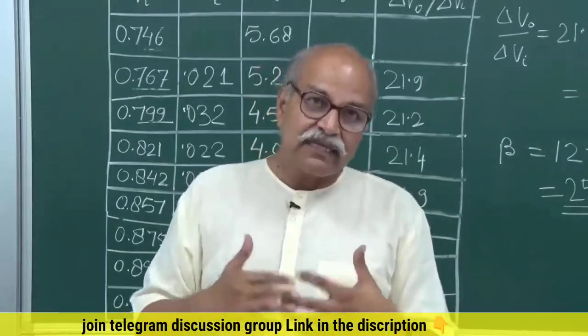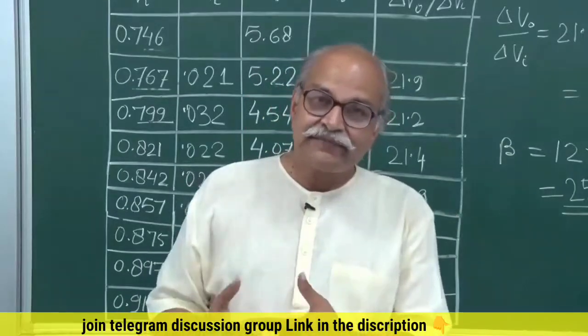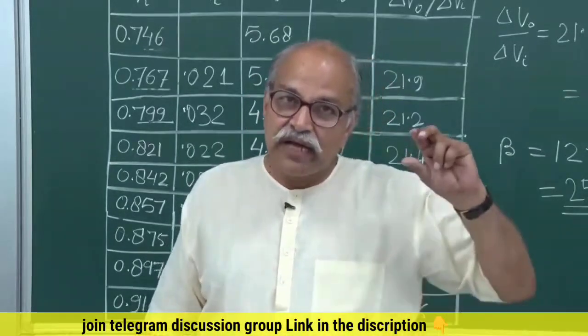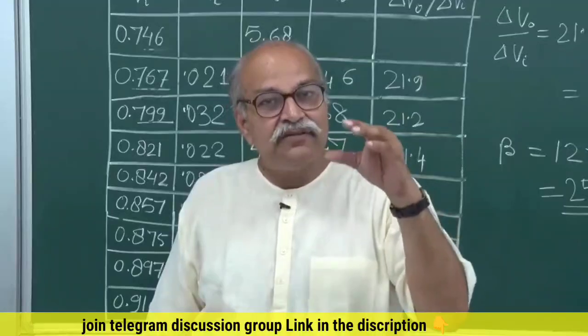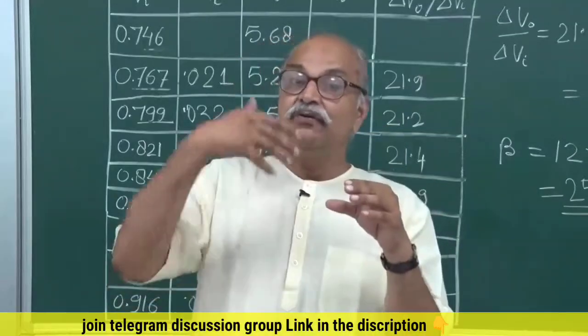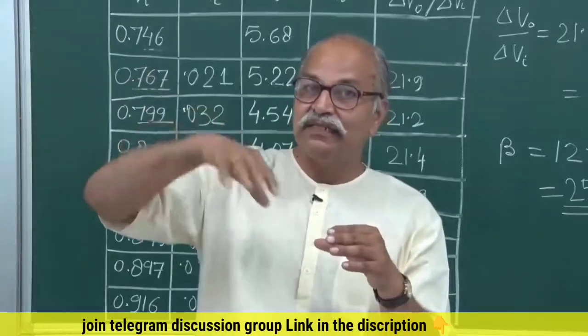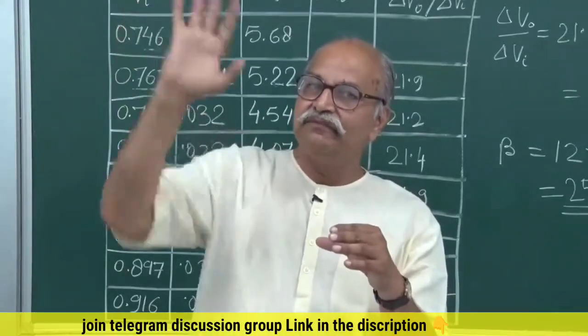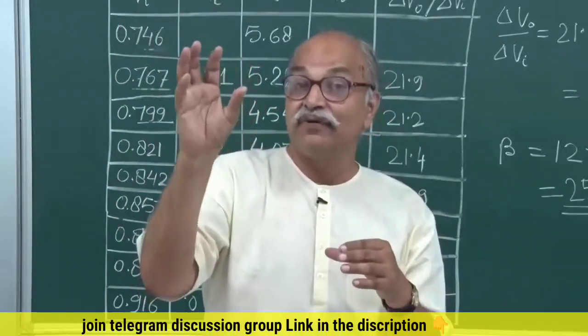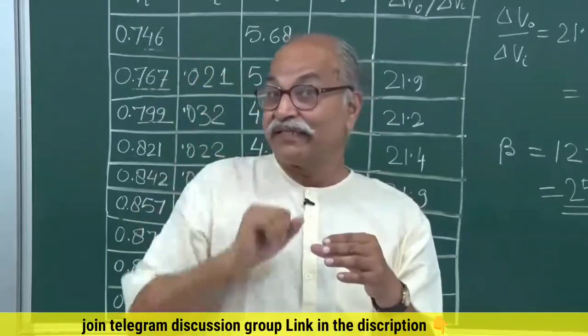You have already seen the cutoff region and the saturation region. So if somehow I decrease my VBB, the biasing voltage that I am applying on the input side, the transistor will go into the cutoff region. In cutoff region, there are no currents anywhere, and at the output you have the full battery voltage VCC that appears there.